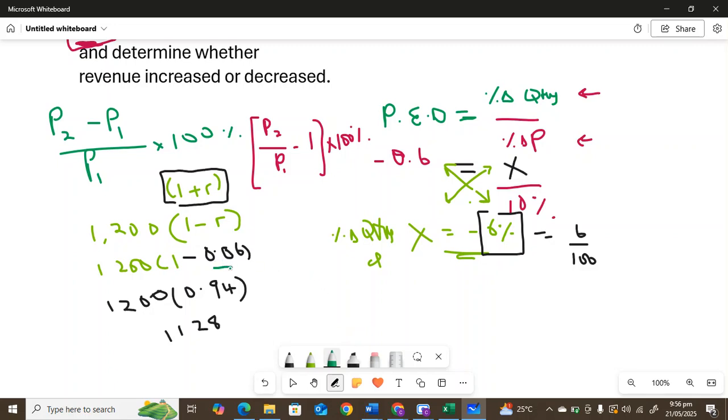When putting this 0.06, don't include this here.